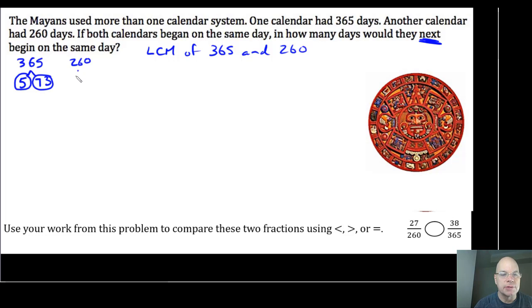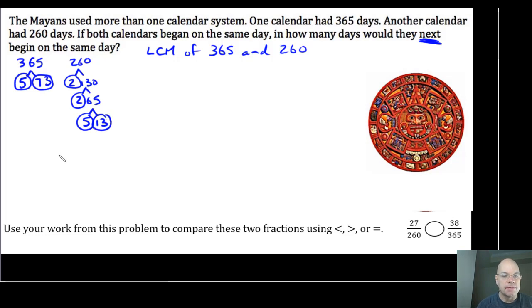260 is divisible by 2. It's two 130s. 130 is two 65s. 65 is not divisible by 3 because 6 plus 5 is 11, and that's not a multiple of 3. It is divisible by 5. It's 5 13s.